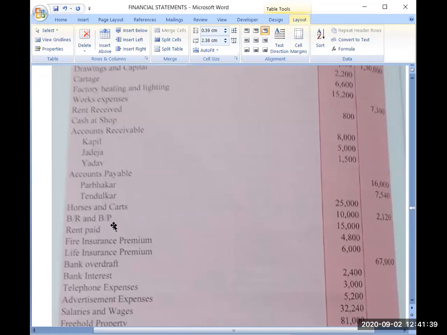Bills receivable and bills payable. Now bills receivable will be having debit balance or credit balance, because two amounts are given here. That's why I have to decide which one is of bills receivable and which one is of bills payable. So bills receivable will be how much? 10,000 or 2,120?